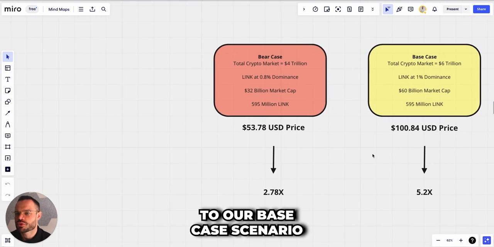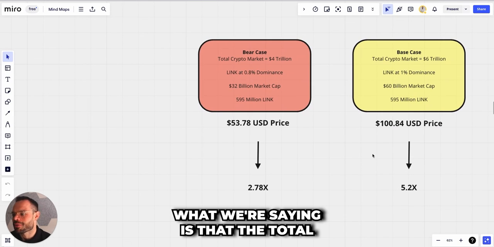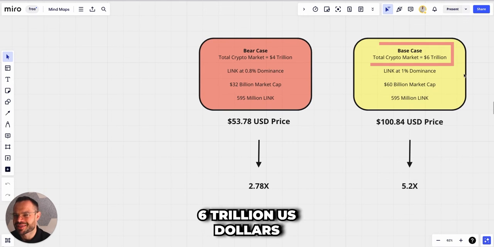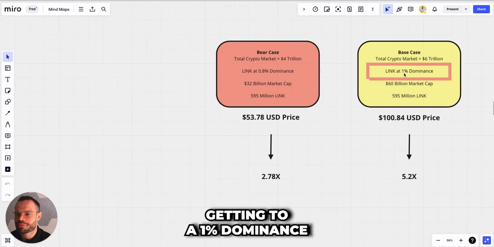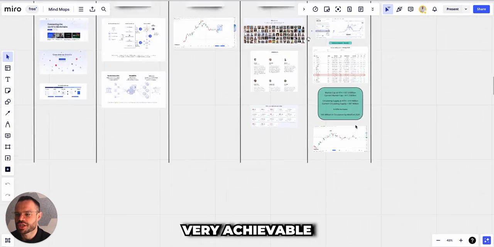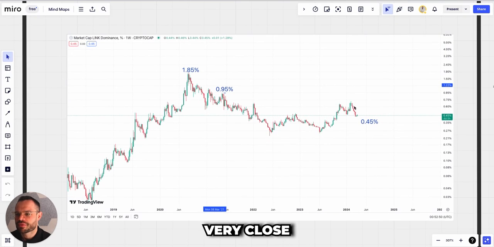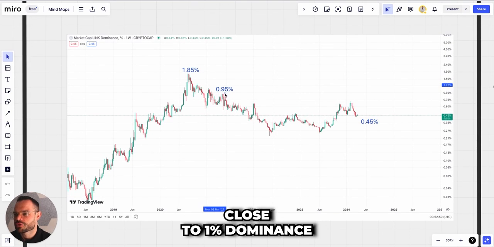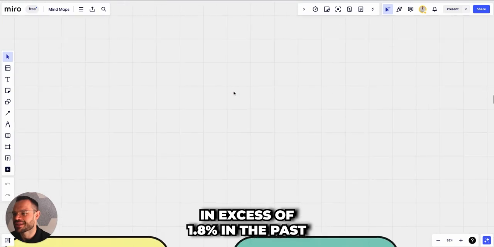So moving on to our base case scenario, what we're saying is that the total crypto market cap could reach a peak of around $6 trillion US. Thinking about Link getting to a 1% dominance, which is definitely very achievable, given that we were very close to 0.7% dominance before. It has already achieved close to 1% dominance at its last all-time high and has had market dominance in excess of 1.8% in the past.